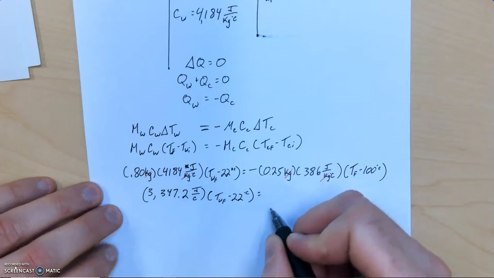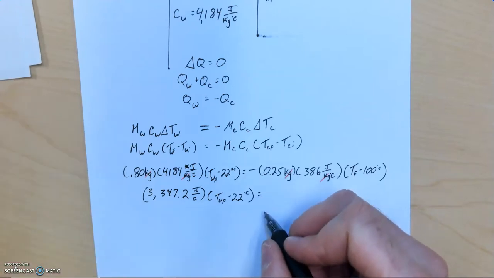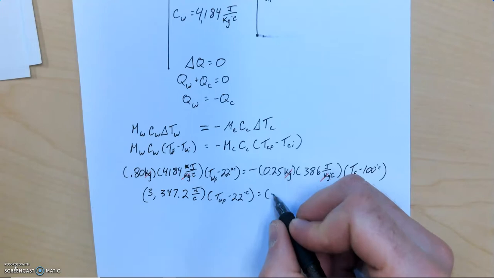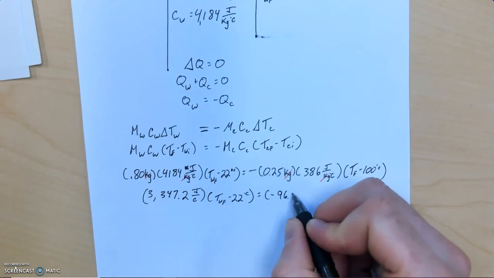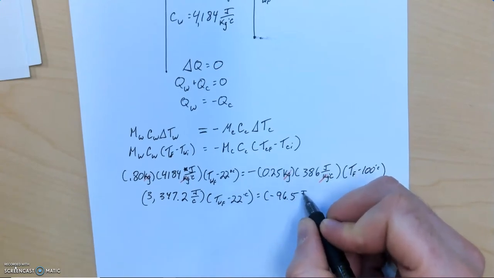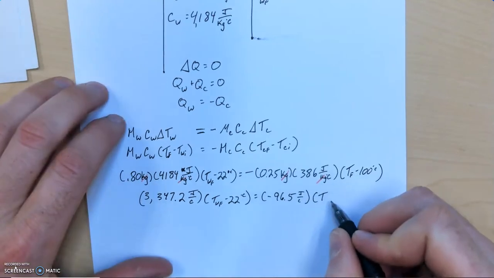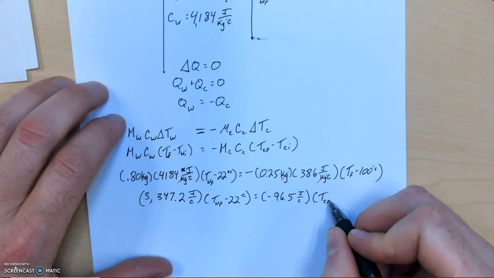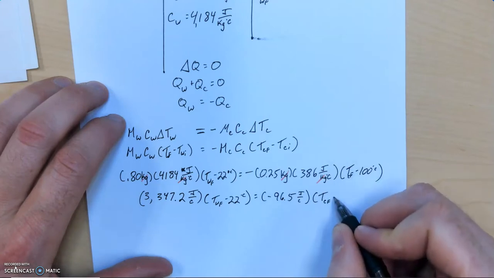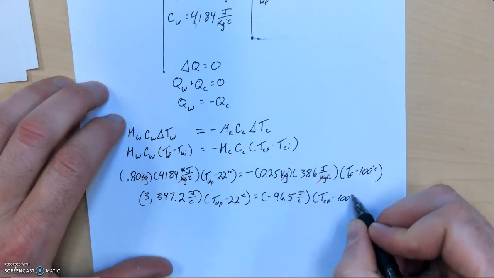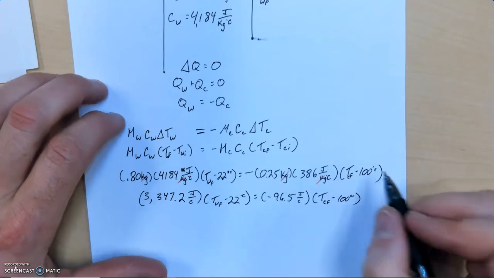And that's going to be equal to minus 96.5 joules over Celsius times the temperature final of the copper, minus 100 degrees Celsius.